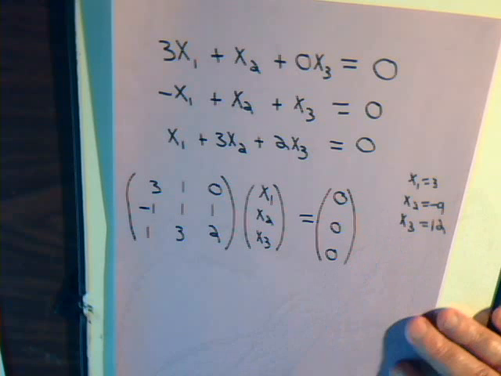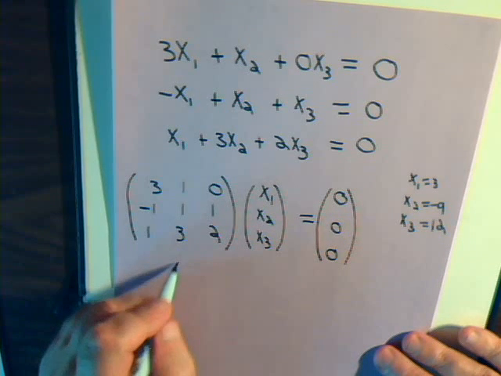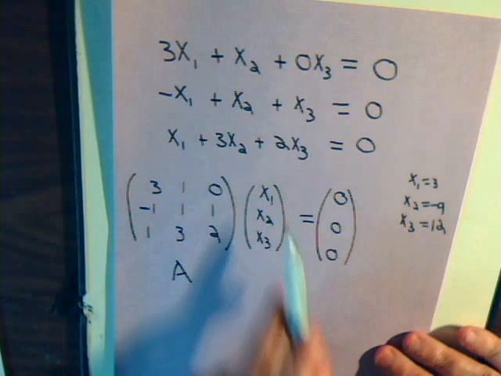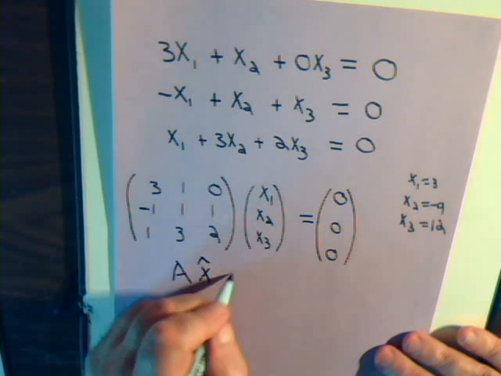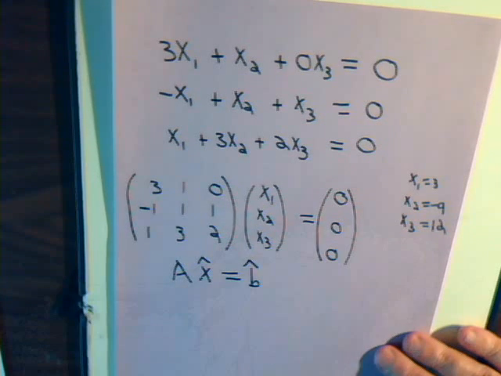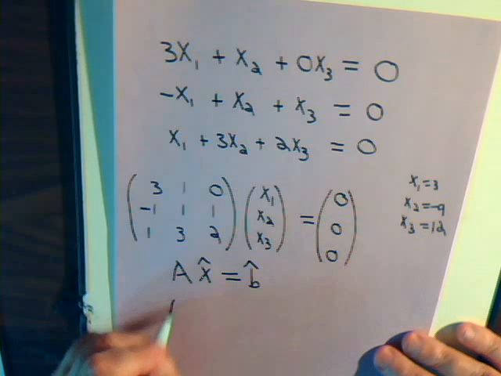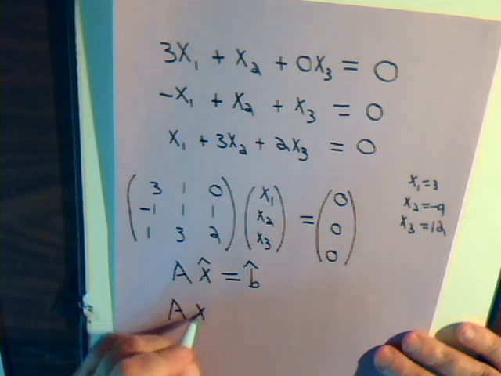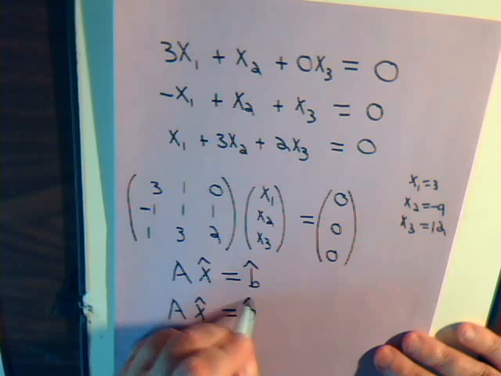Same thing here. Okay, sometimes then you see matrix problems written like this. We have a matrix A. And now we call this a column vector. And it equals another column vector B. In this particular example, our column vector that's equal to just happens to be the 0 vector. So we have A x equals 0.